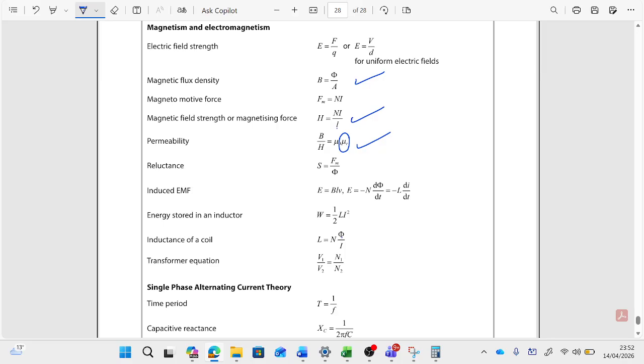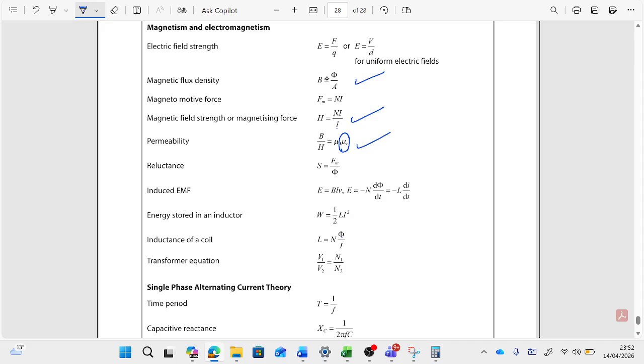So I'm going to look here. Oh, look at that. B is equal to phi divided by A. We know phi already, and we know A already, so we can find B. And then once we know B, we can use this equation to find H, and then we've solved it.